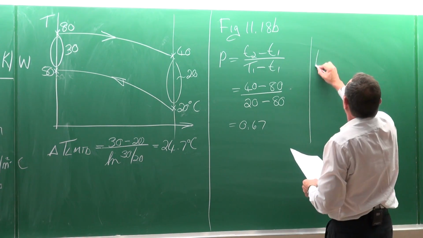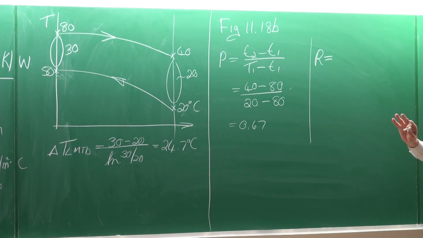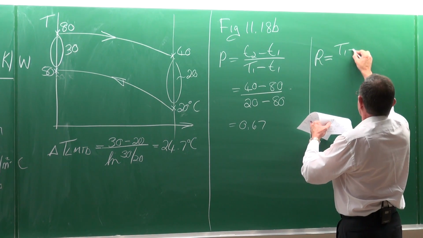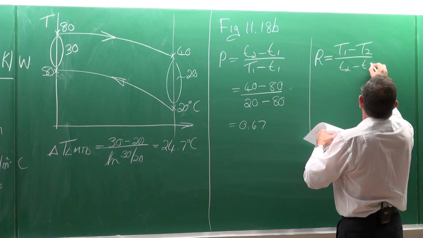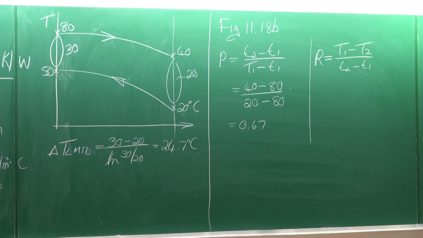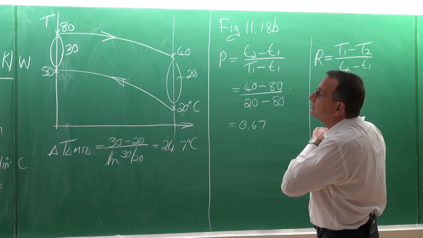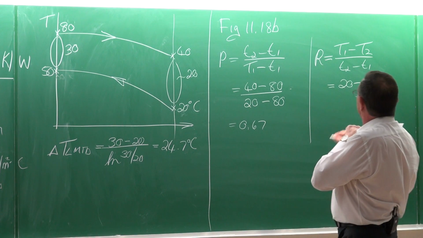Okay, the same with the R. Where do I get the P and the R? It's from the sketch. You don't need to remember it. R is capital T1 minus capital T2, divided by small t2 minus small t1. Capital T1, excuse me, is 20. Capital T2 is 40.